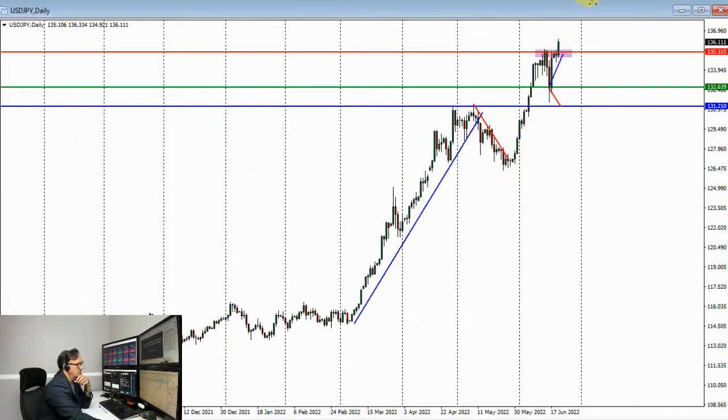So US dollar strength and Japanese yen weakness. The fundamental reason for this is that the Federal Reserve keeps hiking rates. They are battling rising inflation, and the only way they can control the overheating economy and rising prices is by hiking interest rates, and they did a big hike in the last meeting.